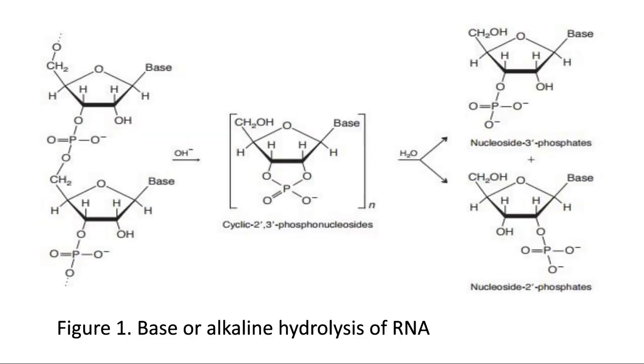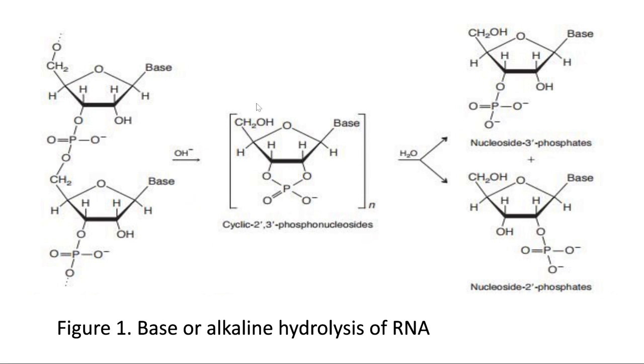Now, let's look at what is happening here. What you have at the left side is the chain of RNA, and this RNA is being hydrolyzed using a base, and it will form the cyclic 2',3'-phosphonucleoside.